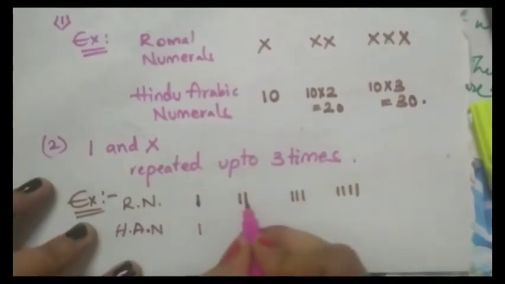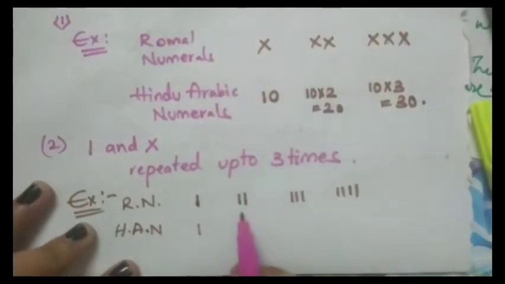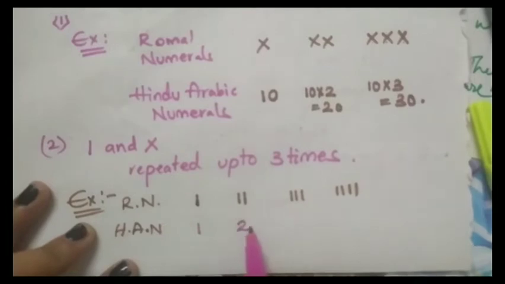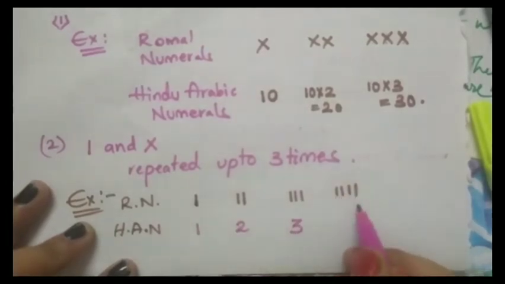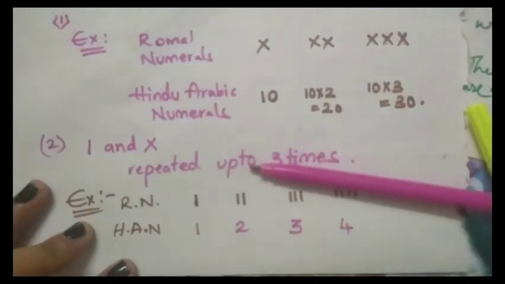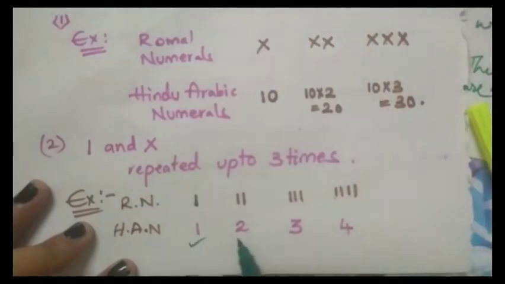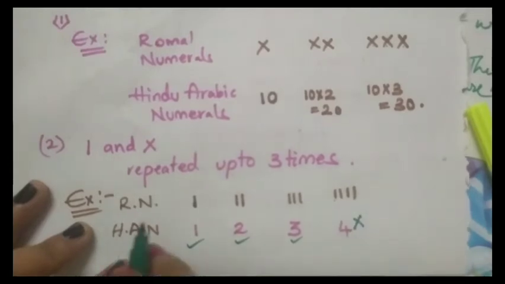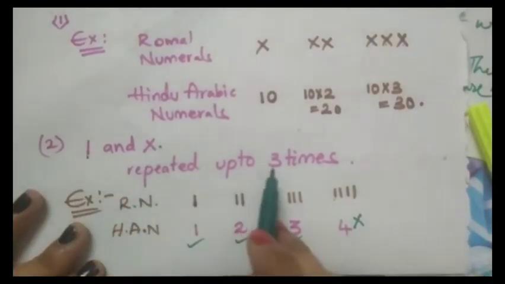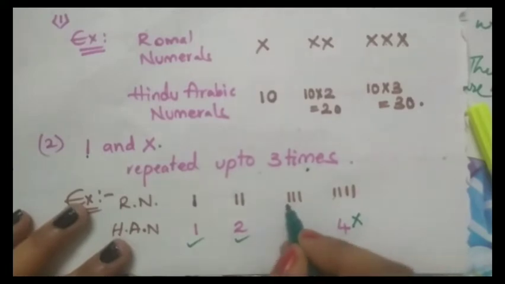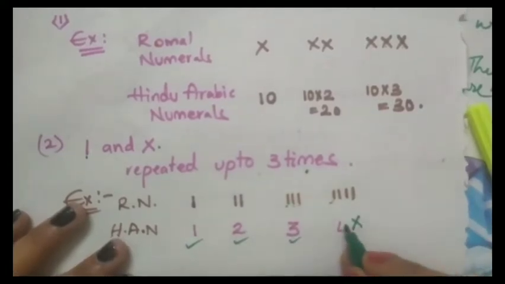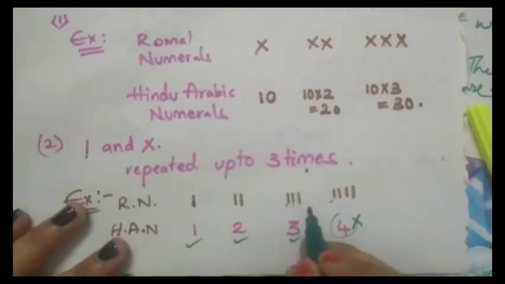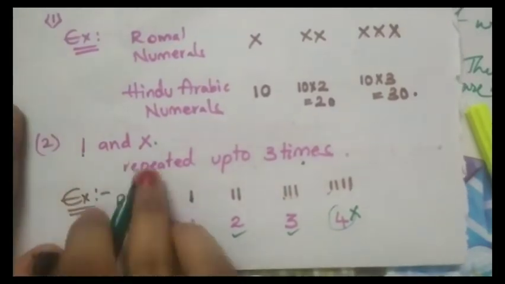Here 2 I's are given, repeated 2 times, so 2 ones are 2. 3 given, so 3 ones are 3. Here 1, 2, 3, 4 given, 4. These 3 are correct, but this is wrong because I and X can be repeated up to 3 times only. We should not repeat 4 or 5 times. So we will write 4 in another way.